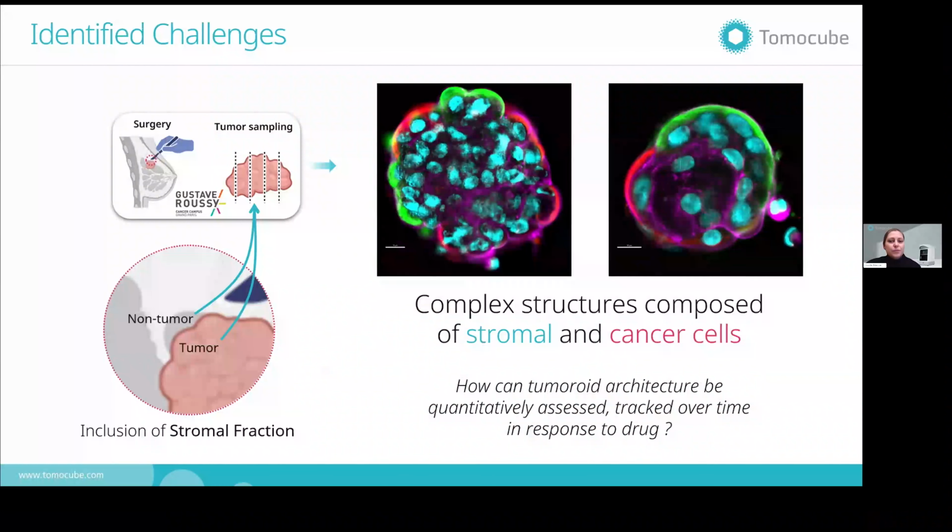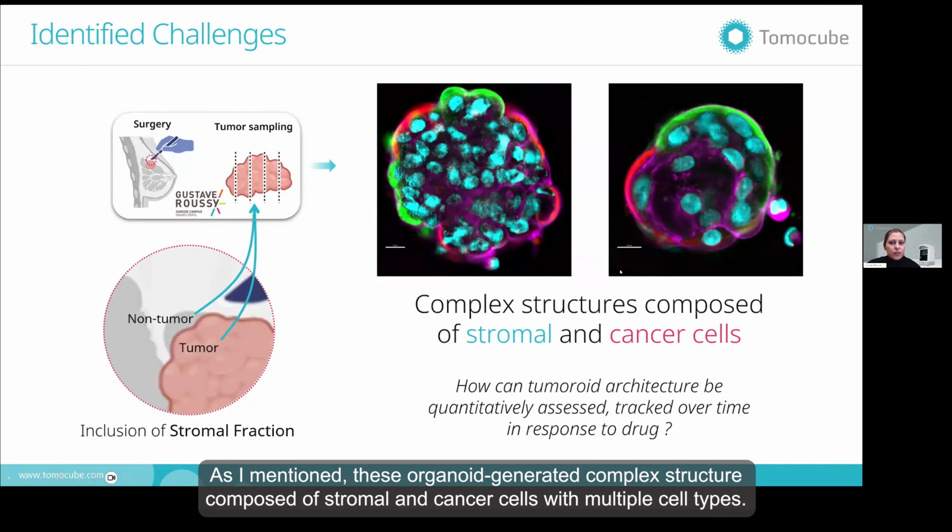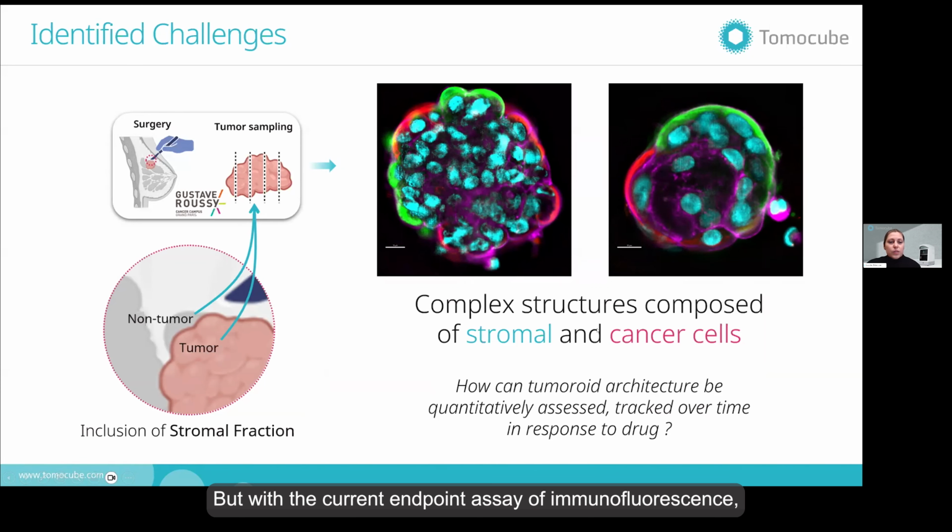So as I mentioned, these organoids are complex structures composed of stromal and cancer cells, so with multiple cell types. But with the current endpoint assays of immunofluorescence, for instance, we can only capture static snapshots.